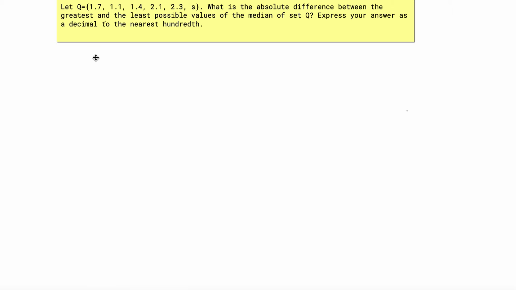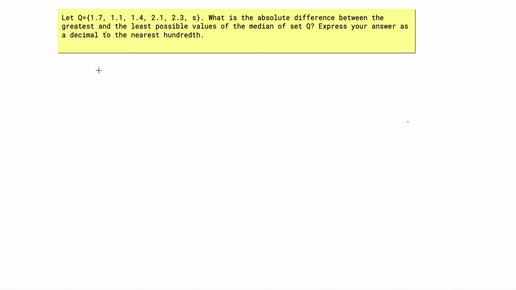So let me write down the numbers here. The numbers are, and I will order them as I write them down. So the smallest number is 1.1 and 1.4 and 1.7, 2.1, 2.3, and I am not writing S yet, but I will say S is a very large number, larger than 2.3, so I will put S at the end because I'm ordering it in ascending order.